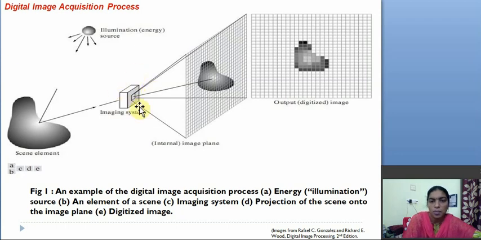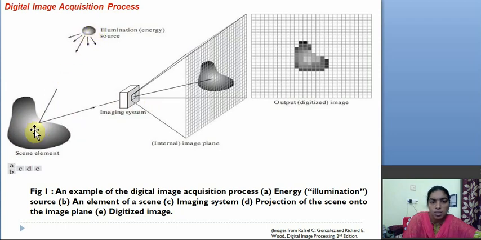So this is the imaging system, where we arrange the sensors. This is the scene element, and this is the illumination source, for example the sun. The imaging system captures this scene element under the illumination source.